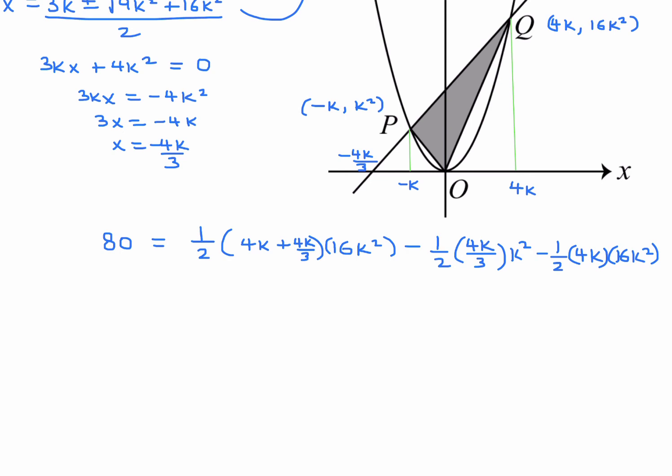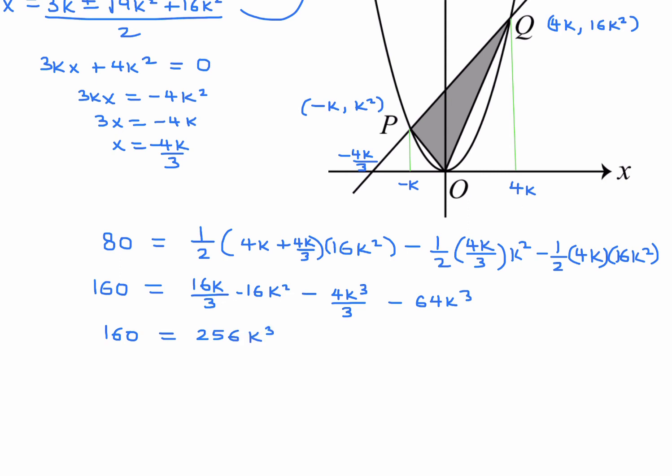All right, so let's get rid of some fractions. Let's multiply through by 2. And then once I do that, let's add some of these fractions. So 4k plus 4k over 3, that's going to be 16k over 3. And then I've got to multiply that by 16k squared. This is 4k to the power 3 over 3. And then this is 64k to the power of 3. This is going to be 256k to the power of 3.